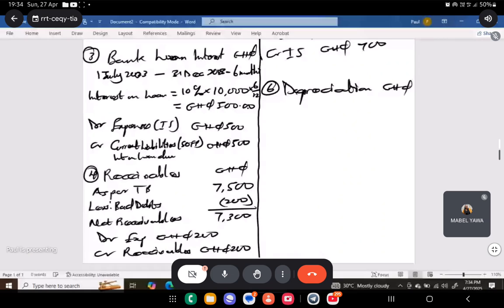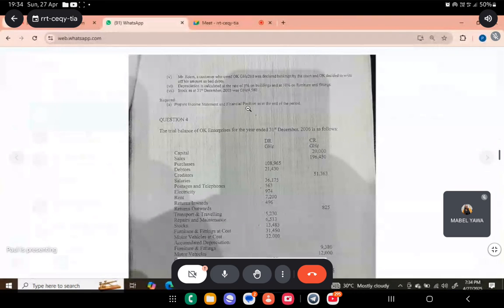Now, depreciation is calculated at the rate of 5% on building and at 10% on furniture and fittings. When they say depreciation, we have two methods so far as your level is concerned: either the straight line method or the reducing balance.